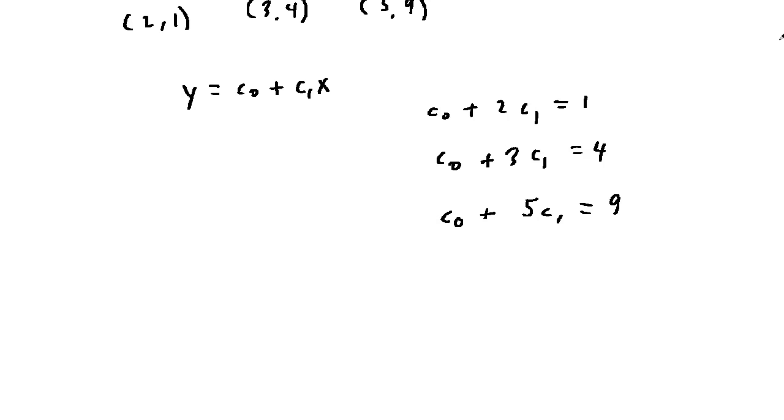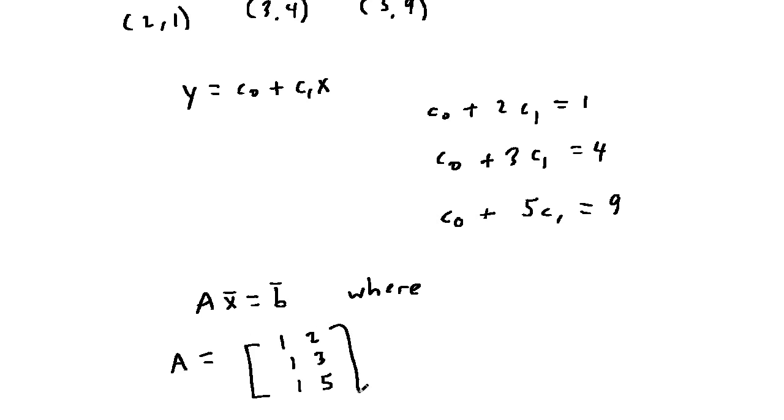Now, this system of equations can be written as a matrix equation, Ax equals b, where our matrix A is equal to 1, 2, 1, 3, 1, 5. x is equal to c0, c1.